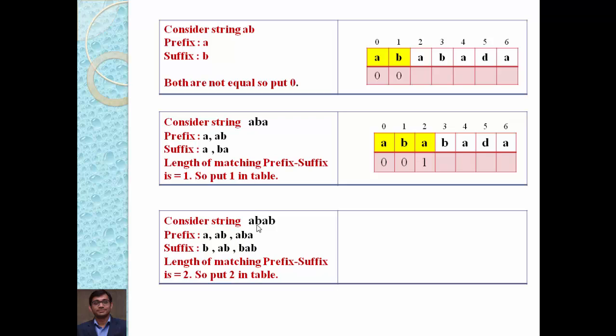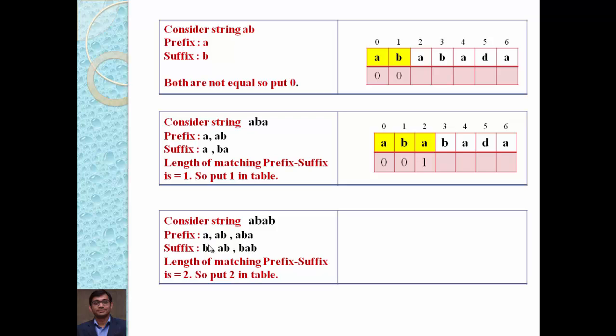Find out all the suffixes. After A we have 3 characters B, A, B. So the single character B is a suffix, the pair AB is a suffix, and ABAB is also a suffix.